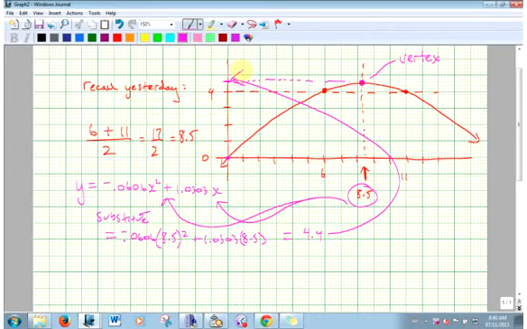That's the y-coordinate for my vertex. It's an important point. That's the highest this thing ever goes. So the vertex has coordinates, the vertex is always coordinates. That's the point. What else does that point help me with?